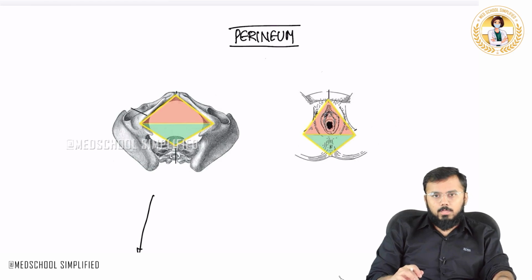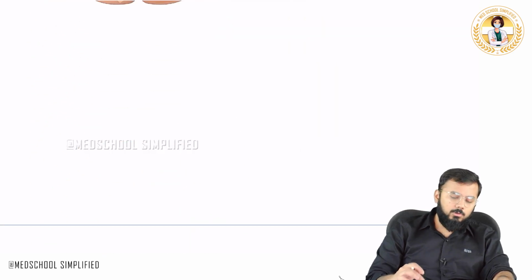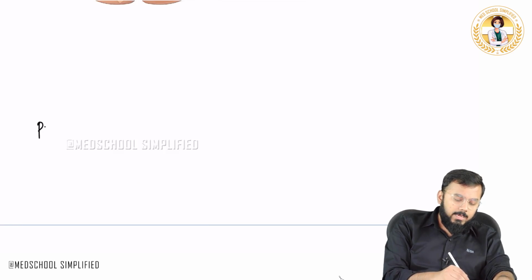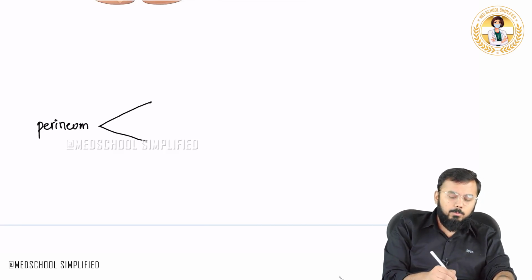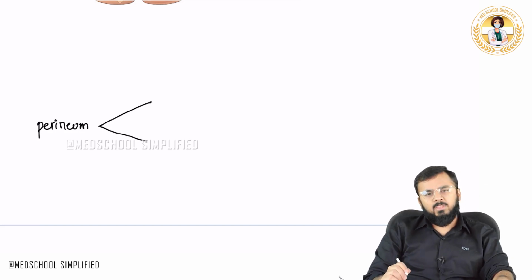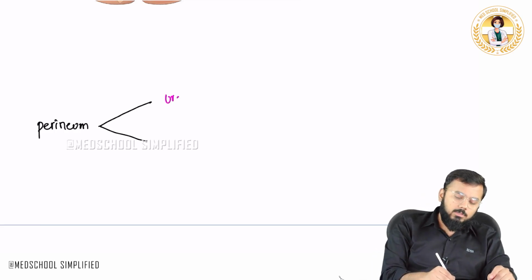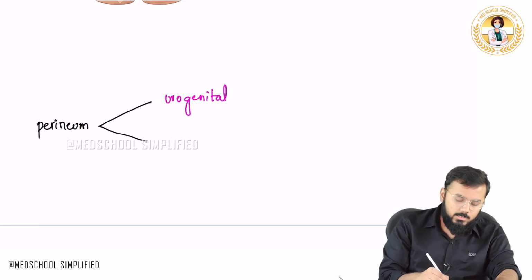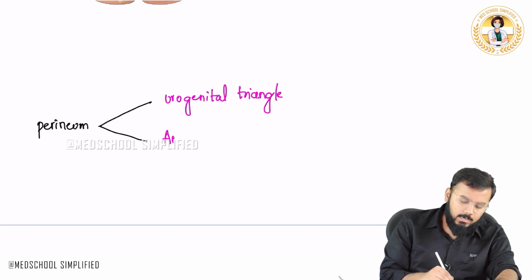But before we draw the anatomical and surface borders, first you need to know that the perineum is divided into two important triangles. What are those two triangles? One is called the urogenital triangle, and the other is called the anal triangle.